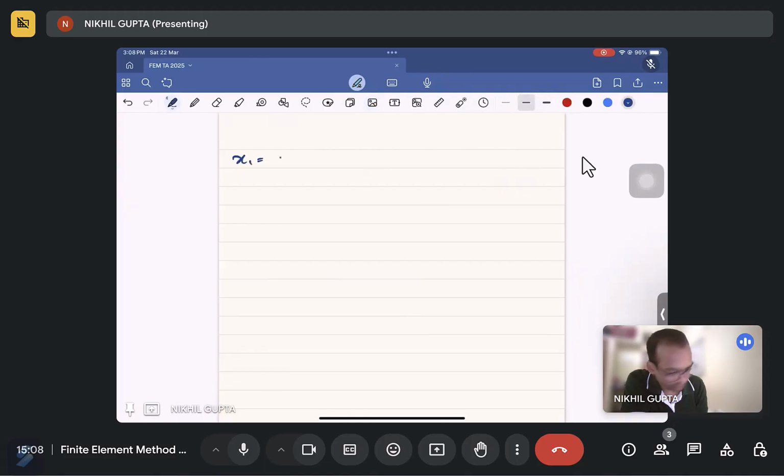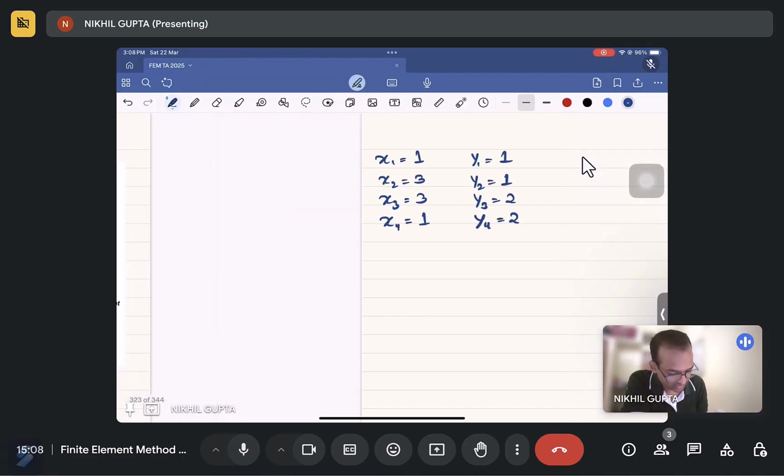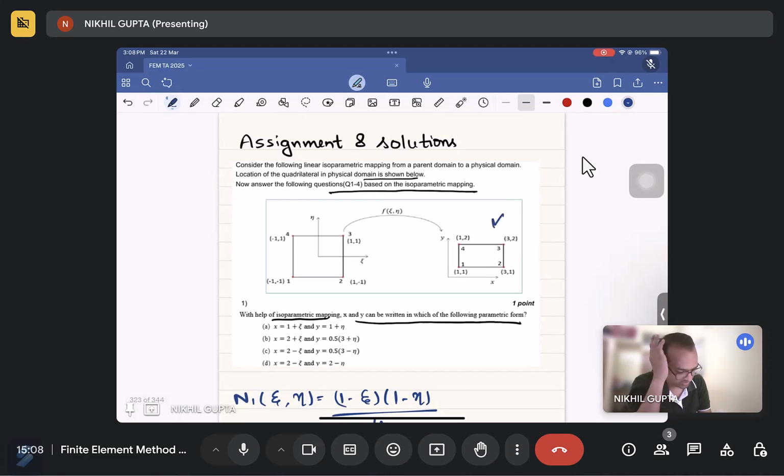x1 is 1, x2 is 3, x3 is 3, x4 is 1. Similarly, y1 is 1, y2 is 1, y3 is 2, and y4 is 2. These coordinates are written on the basis of this physical system.